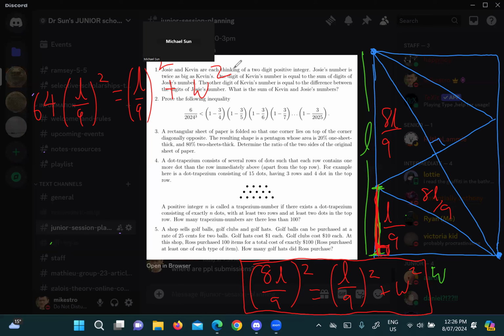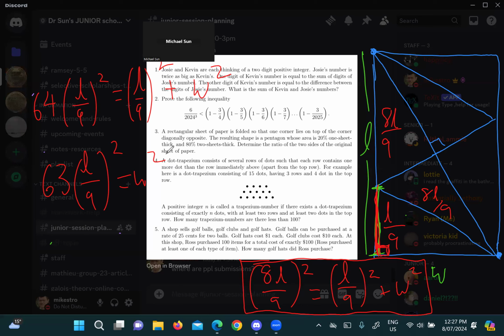Okay, I think it's okay to have different ways, but in some situations, you have to be aware of what's most efficient. So you got 63 L over 9 squared equals W squared. Okay, then what did you do?